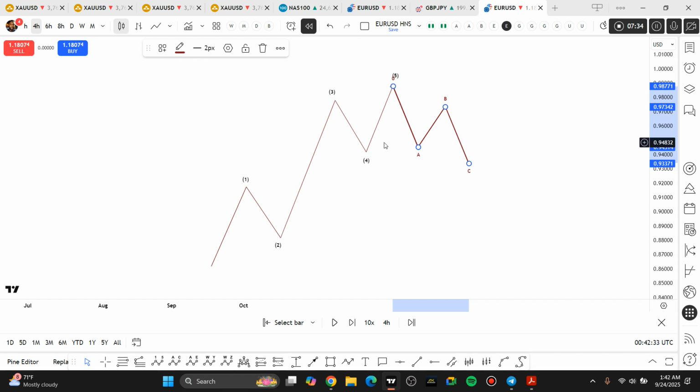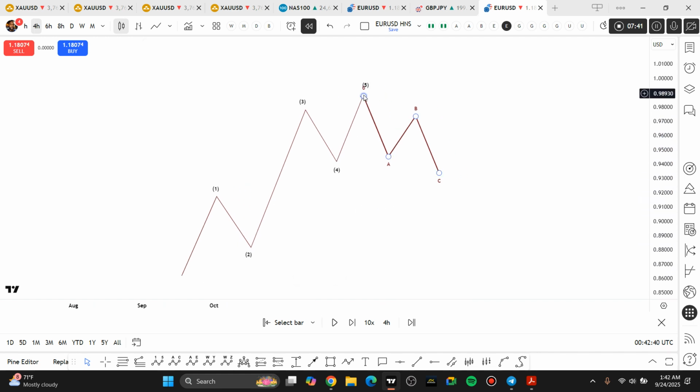Now, within this zigzag, we usually have wave A giving us five waves. That is, we will be able to label another five wave within this: wave 1, 2, 3, 4, 5. Right? Now, within wave B, we're going to be able to label three waves, A, B, C. Right?